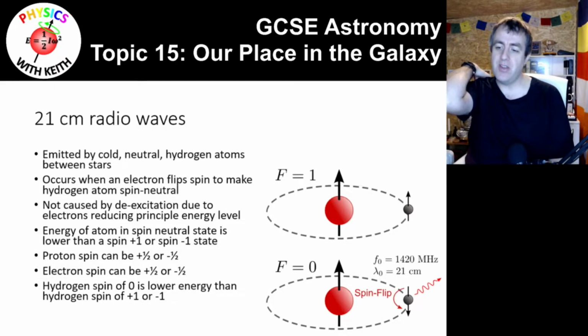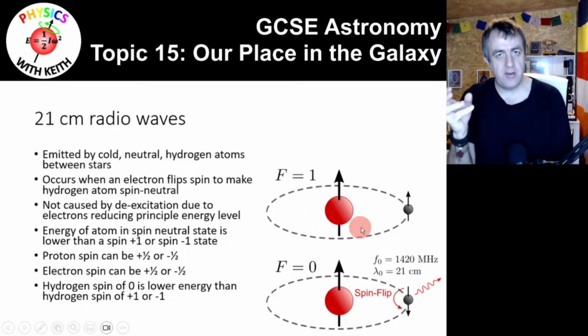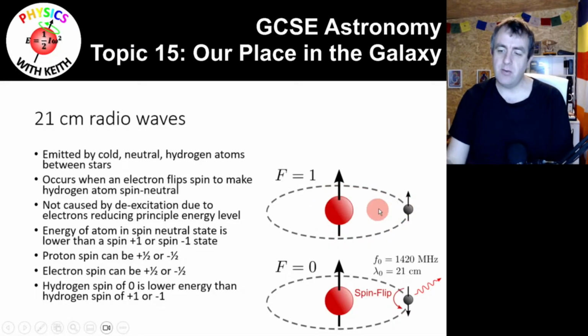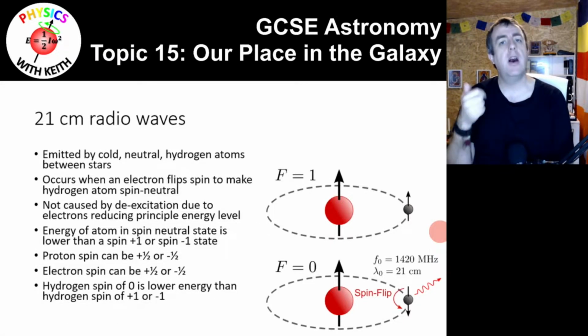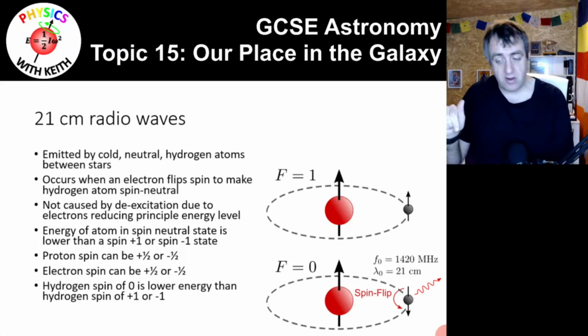So it turns out that even in the ground state, so we've got very cold hydrogen atoms, if the spin orientation of the proton and the electron in our hydrogen atom are orientated in the same direction, then that is more energetic than if the spin direction of the two particles in the atom were in opposite directions.